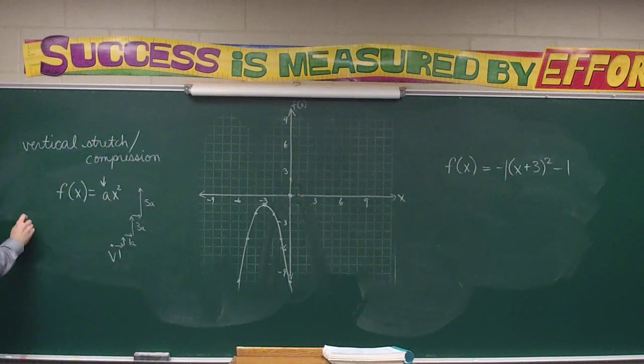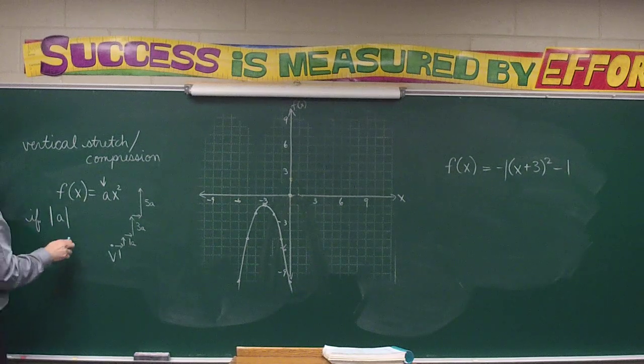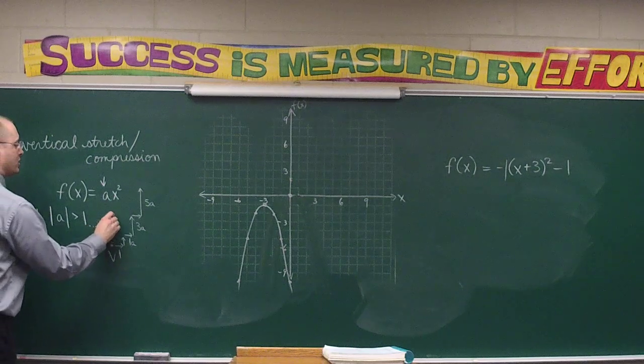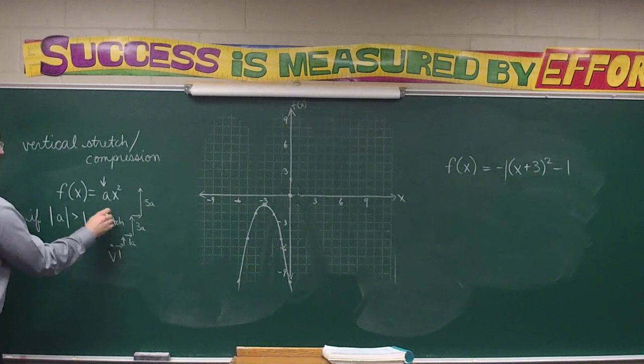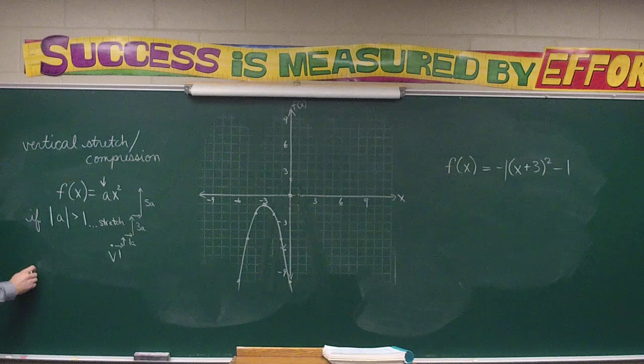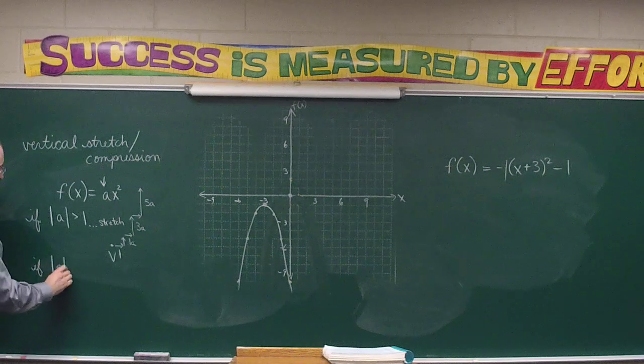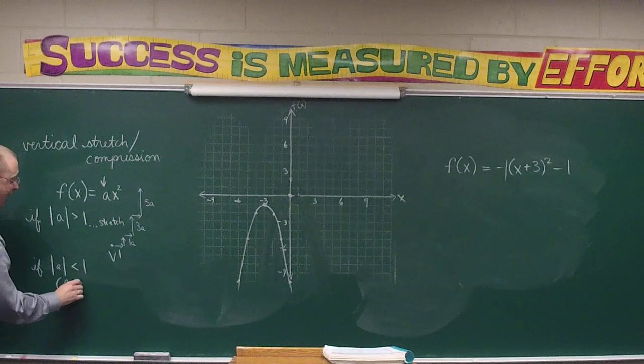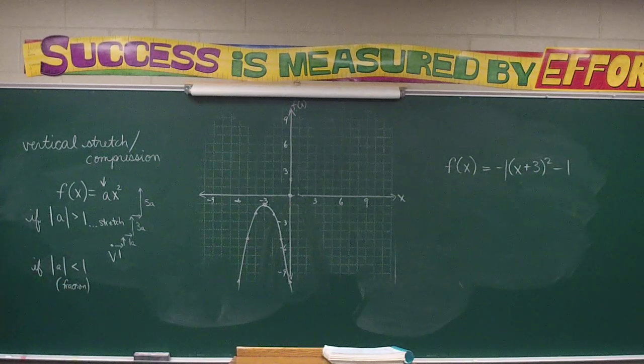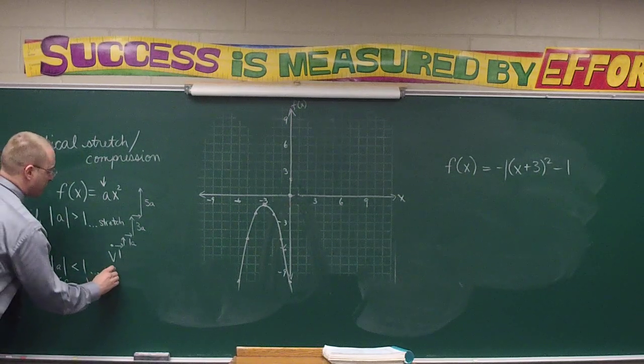If you write this in your notes, if the absolute value of a, because we don't really care about the negative, that's a flip, so forget the sign on the a. If the absolute value of a is greater than 1, you're going to get a stretch. And if the absolute value of a is less than 1, in parentheses you could say if it's a fraction, a half, 2/3, a fourth, 1/5, whatever, then you're going to get compression.